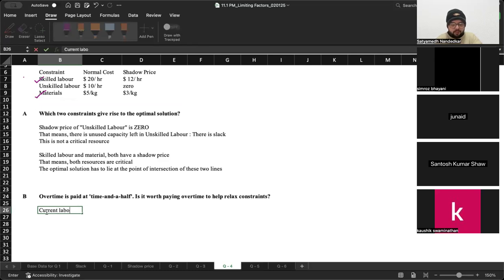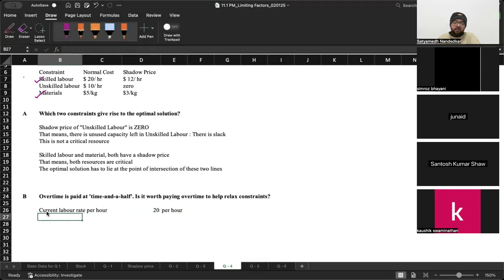Current labor rate per hour is 20. Then what is the overtime?